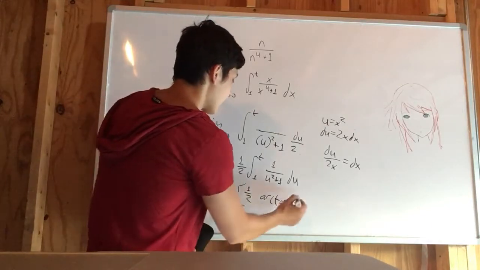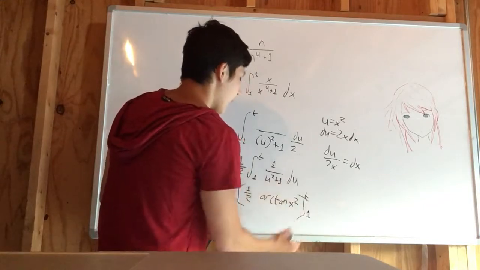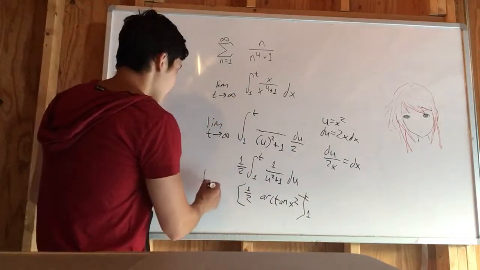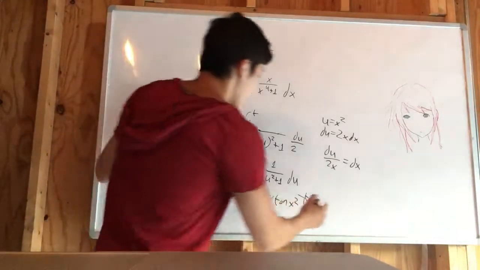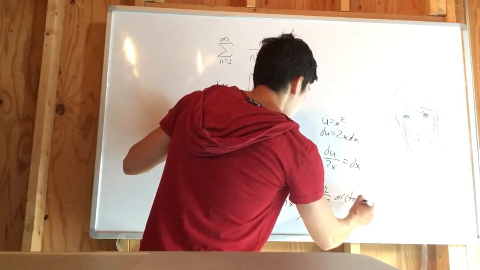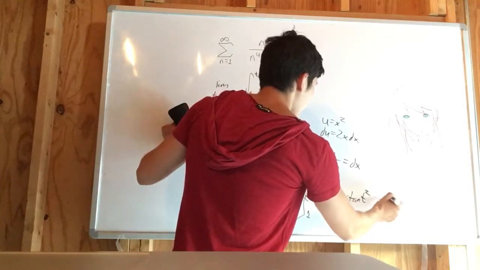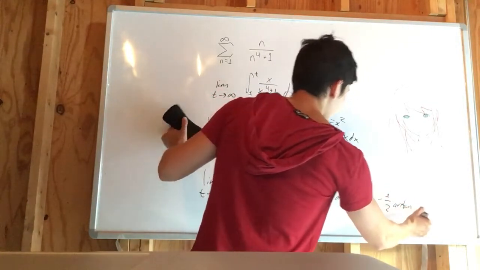And this entire thing is going to have an upper bound and a lower bound. We subtract the lower bound from the upper bound. Limit as t approaches infinity. So what happens? We have 1/2 arctan of t squared minus 1/2 arctan of 1 squared.